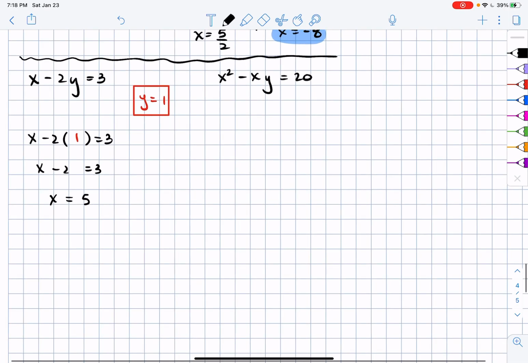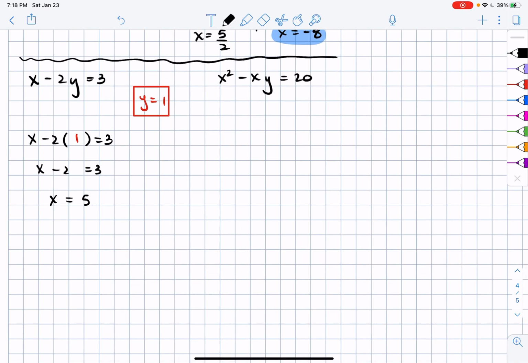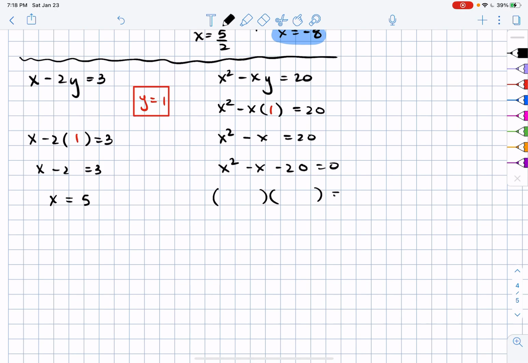Okay, over here on the right, I have x squared minus x times 1 is equal to 20. So I have x squared minus x is equal to 20. So x squared minus x, I got to subtract the 20, so it's going to be minus 20 is equal to 0. So my two factors are x minus 5 and x plus 4.